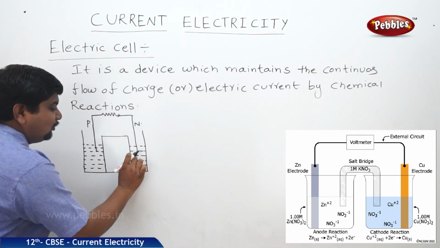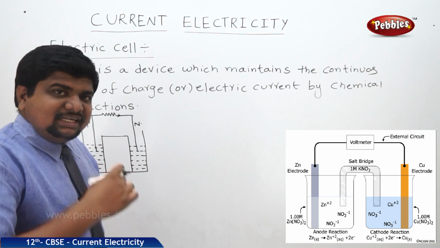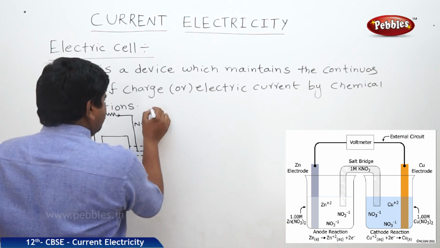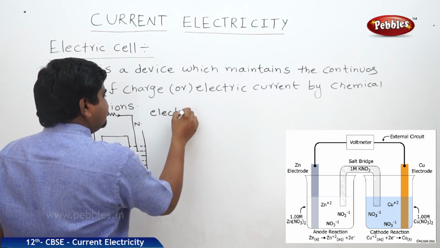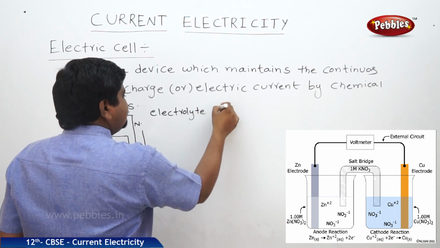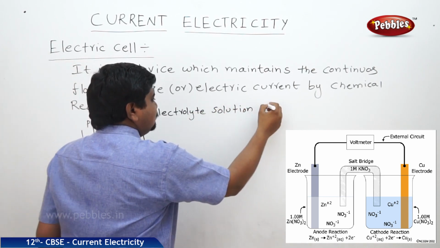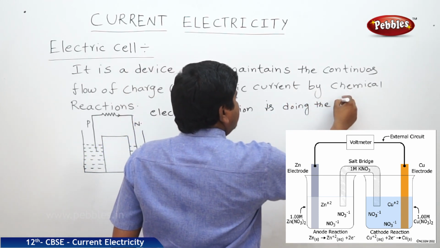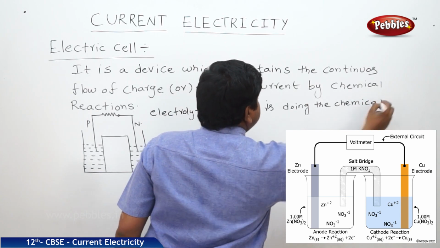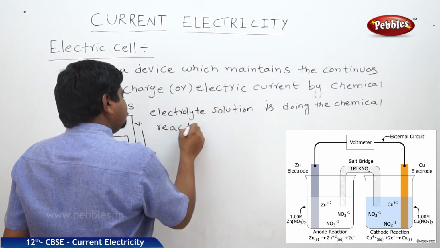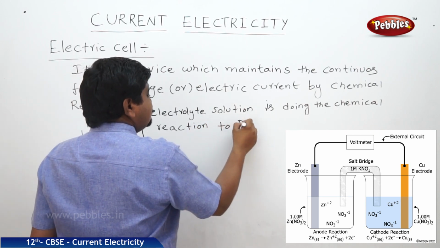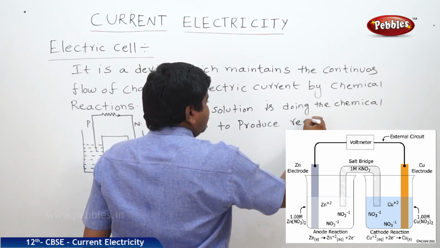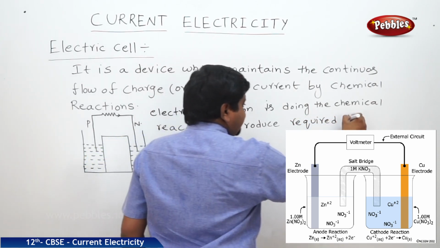That means this electrolyte solution is internally doing some chemical reaction to produce the required potential.